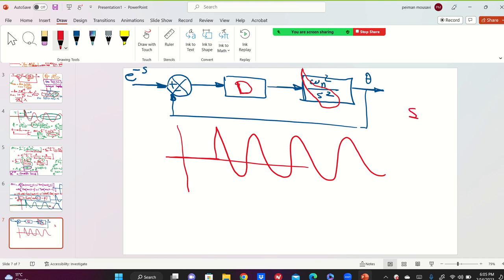I'm going to teach you eventually. I'm going to say PD, proportional derivative. So the controller is going to be KP plus KD s. This is going to be the controller. Put it here.